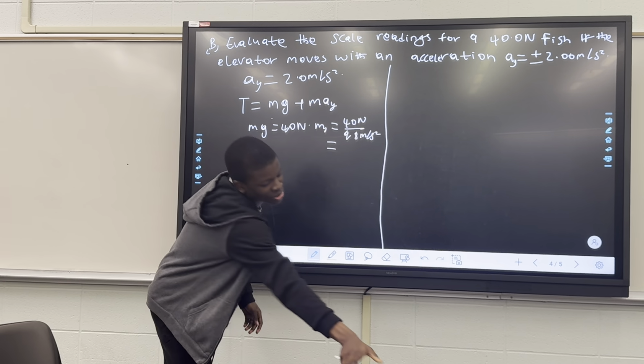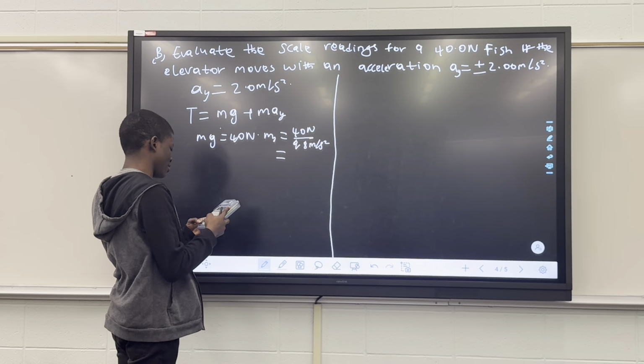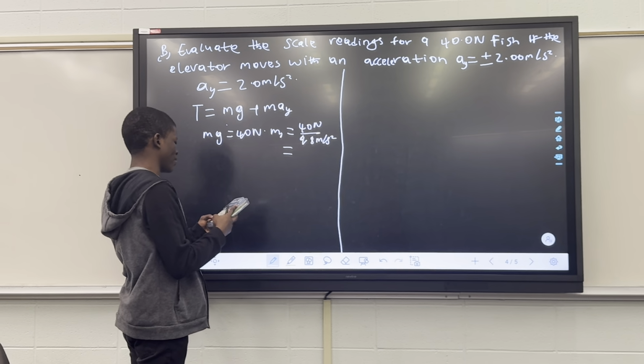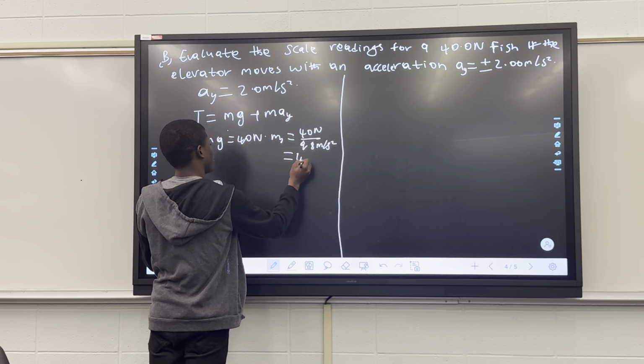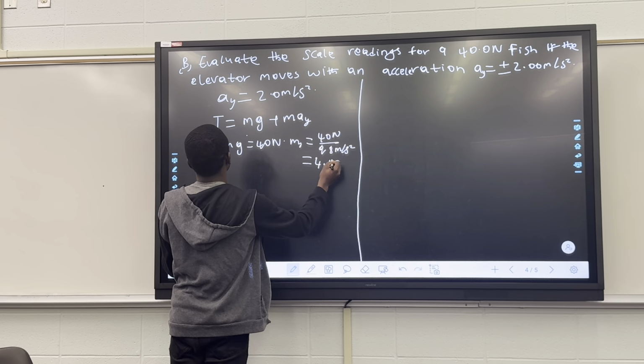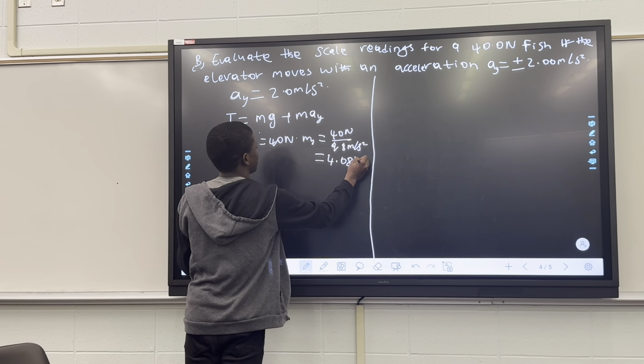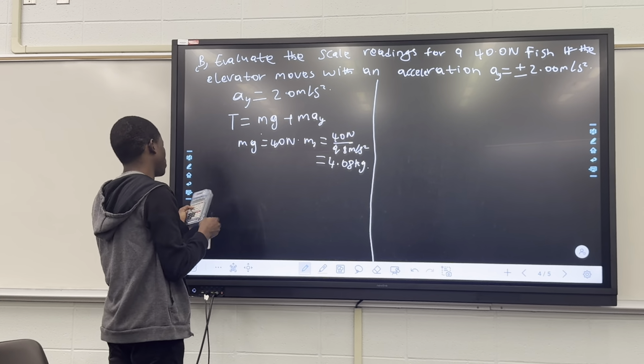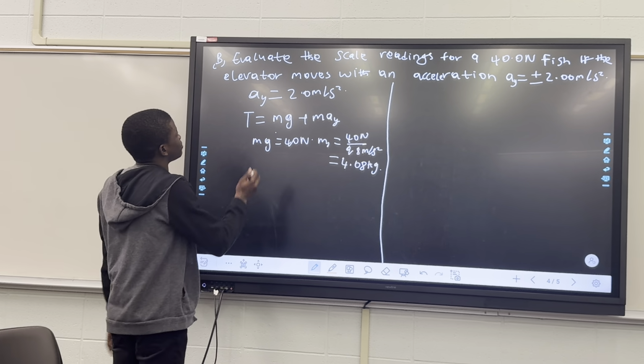I'll just get that value on the calculator, 4.08 kilogram. So the mass is 4.08 kilogram.